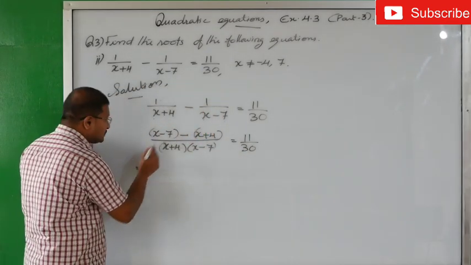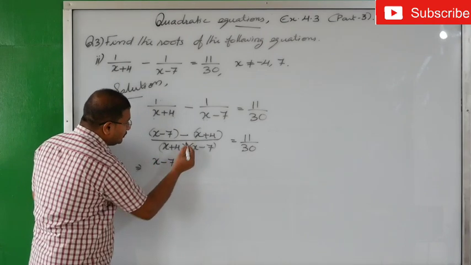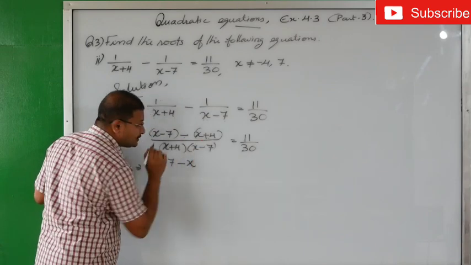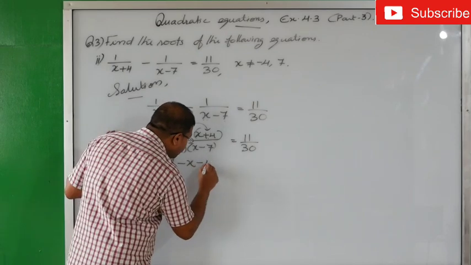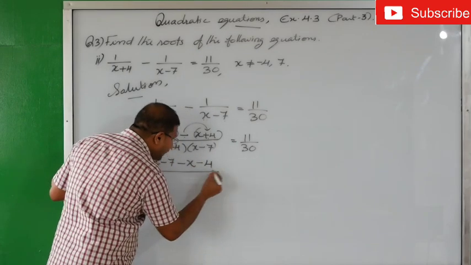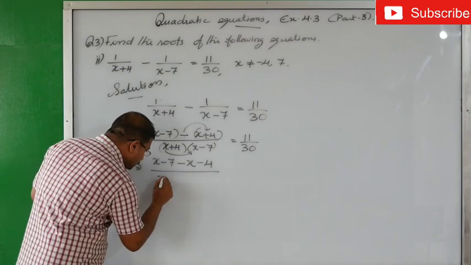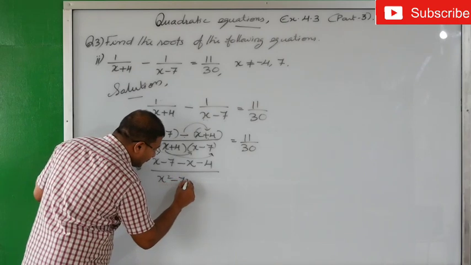This implies, see, we'll open the bracket. x minus 7. Now minus into x, minus into plus, minus 4, divided by, we are opening the bracket: x into x, x square; x into minus 7, minus 7x.